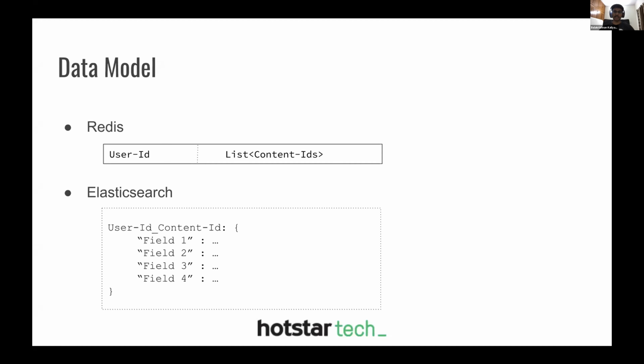This is per-content level information stored for every user, for whichever content he watched. Like if he watched movie X, there'll be a document for that movie X with the user ID and content ID as a key. And we have a list of other information, like what the movie is about, what language is being played, how much has been played for that particular movie, and so on.